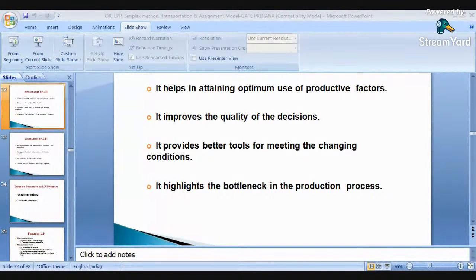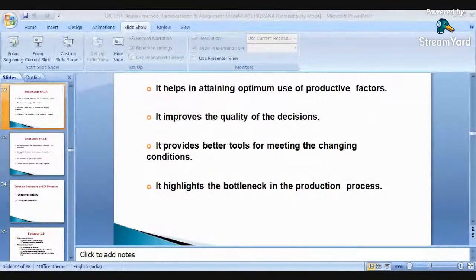The necessary condition makes sure that the number of occupied cells is exactly equal to m plus n minus 1, where m is the number of rows and n is the number of columns. Each occupied cell will be at an independent position. So to perform the optimality test by the modified distribution method or stepping stone method, these are the two conditions which the solution has to follow.